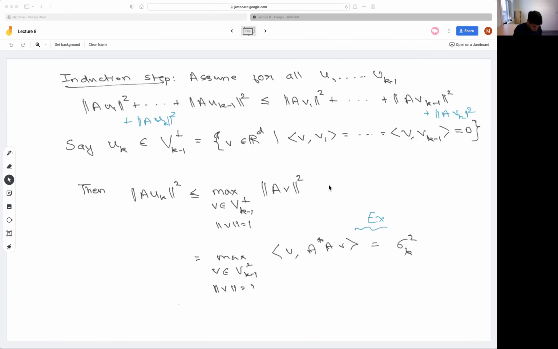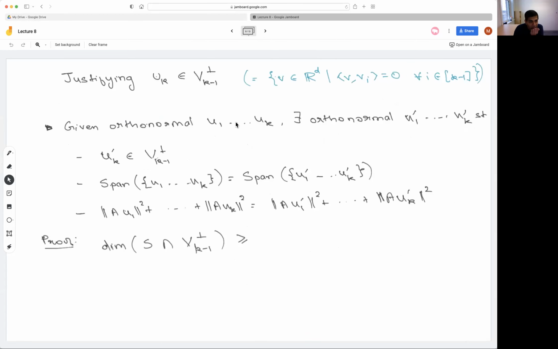So formally speaking, given any vectors u1 to uk which are orthonormal, uk doesn't have to be in the space Vk minus 1 perp.